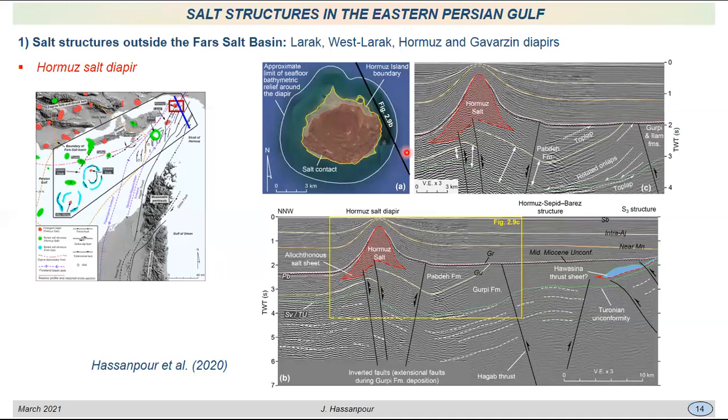But what we can see is that along, for example, this line, the Hormuz salt is visible at shallower depths, with the greatest extent of salt in the Paleogene levels, which is here and is known as the Pub deformation.